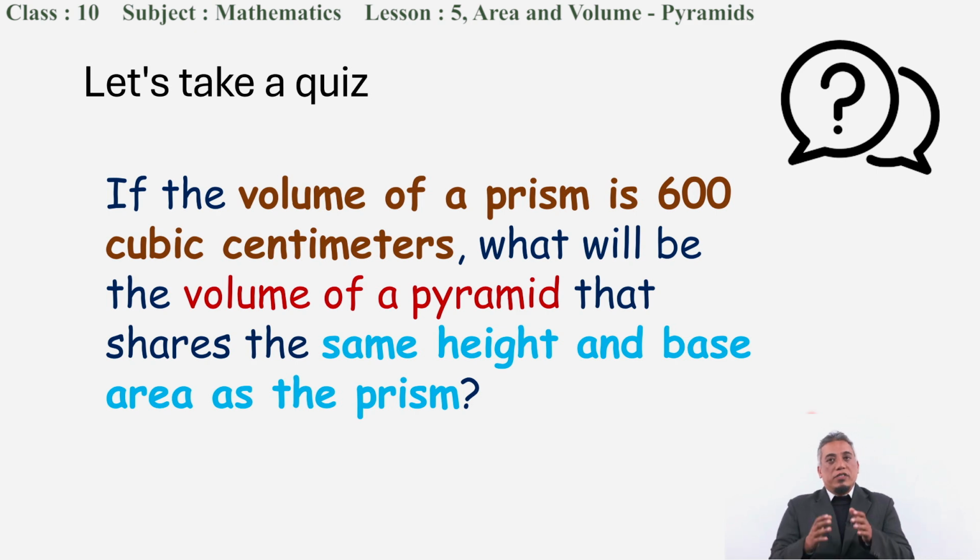Suppose a prism is there, it is of 600 cubic centimeters, but there is another pyramid which has the same height and same base as the prism. Then what will be the volume of the pyramid?